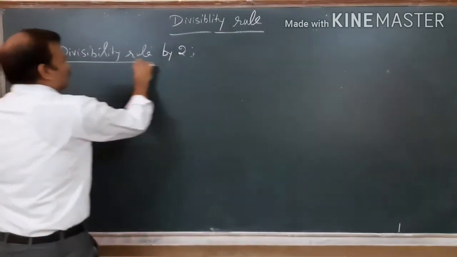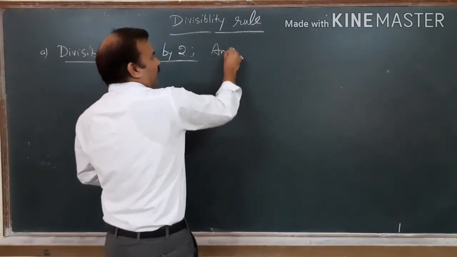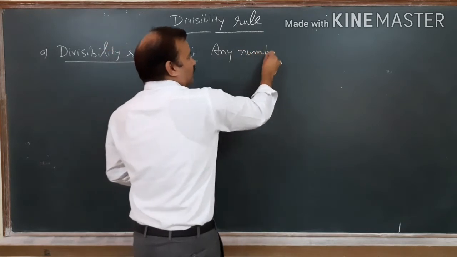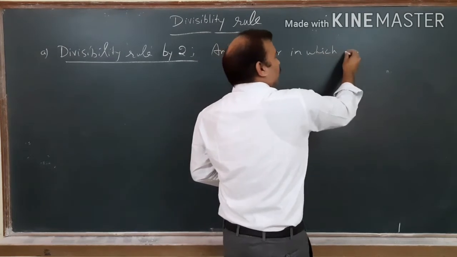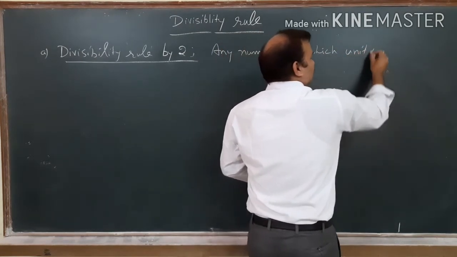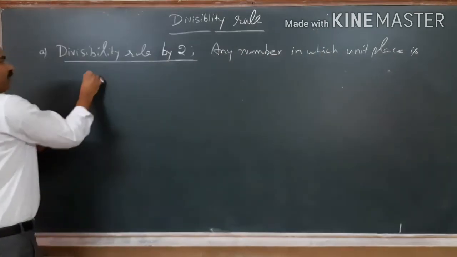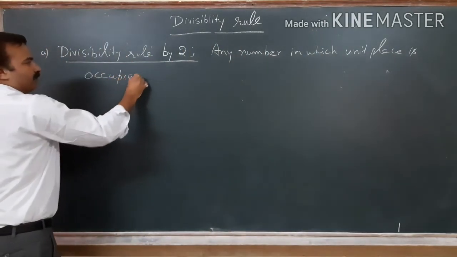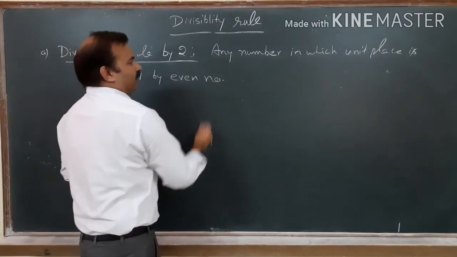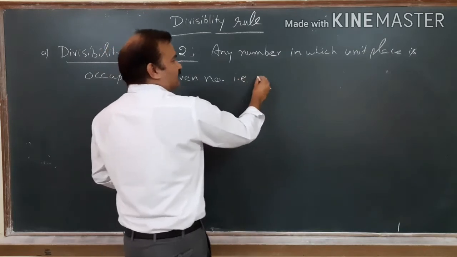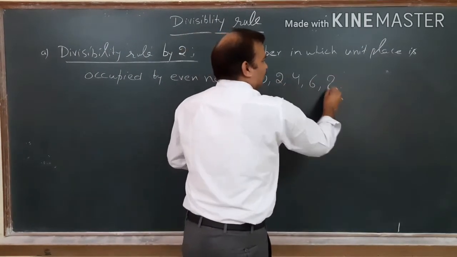Now, the divisibility rule by 2. The main rule is, any number in which the unit place is occupied by an even number, that is 0, 2, 4, 6, 8.